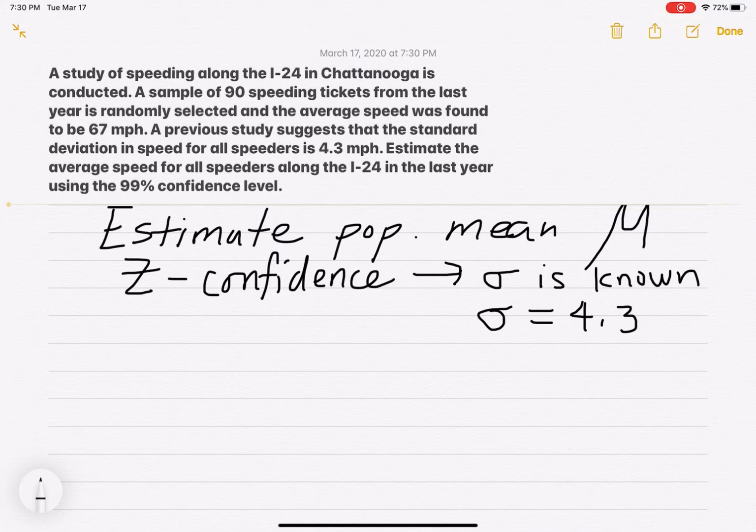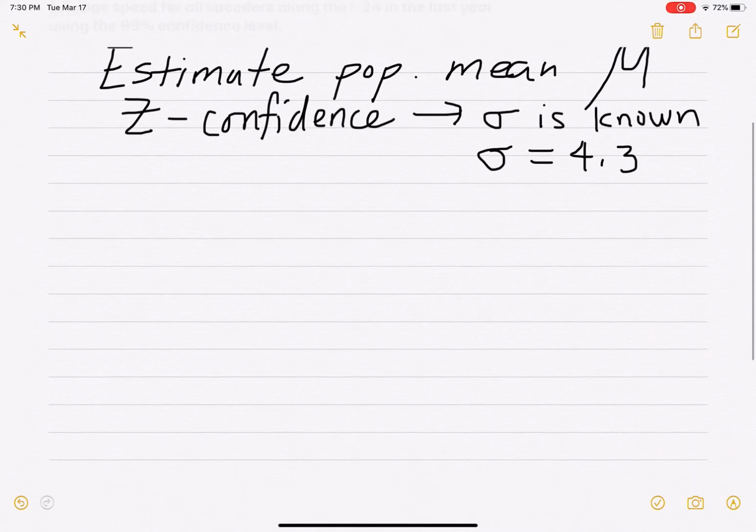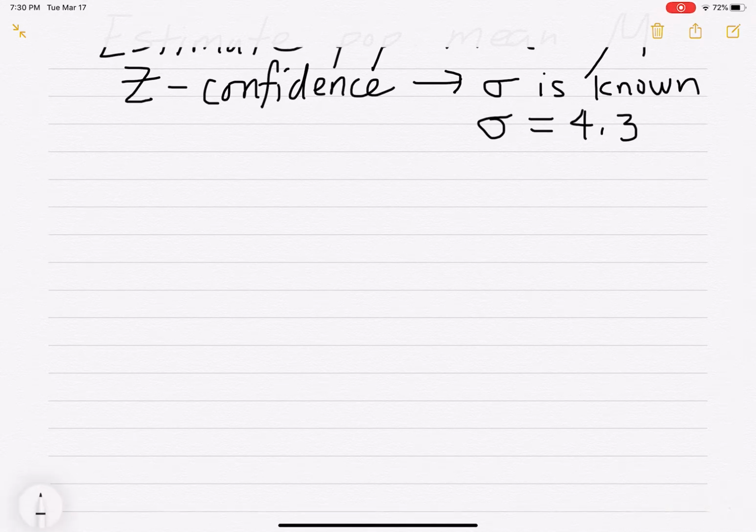So let's do that. Let's scroll down a bit. And let's write down our Z confidence interval formula, which is, right, population mean is bounded above by what?